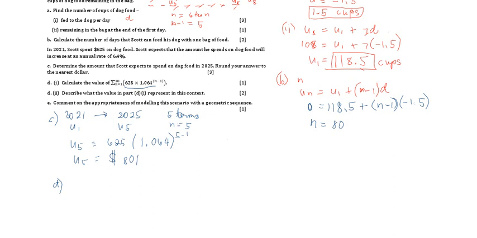So this will give us an answer for part 1, which is 8394.39, and we write the answer in US dollars, to the nearest dollar, so it's going to be 8394.